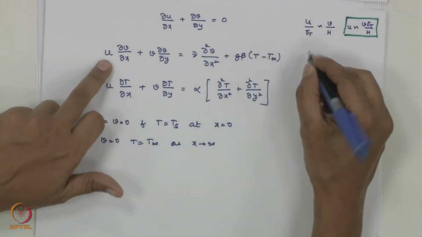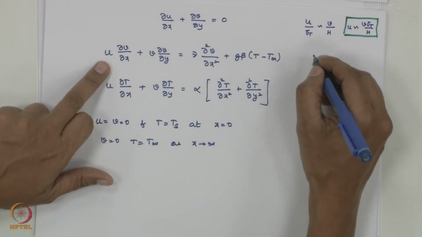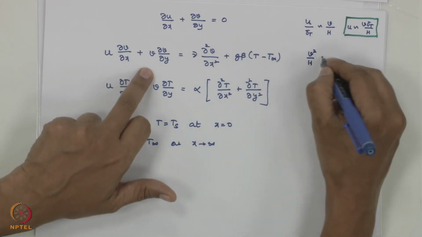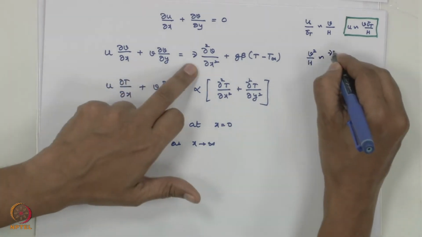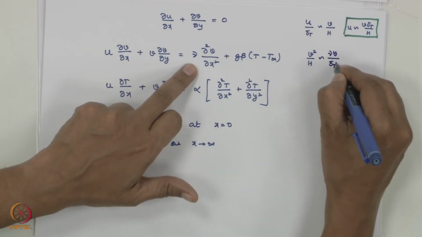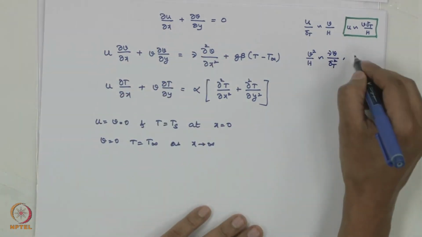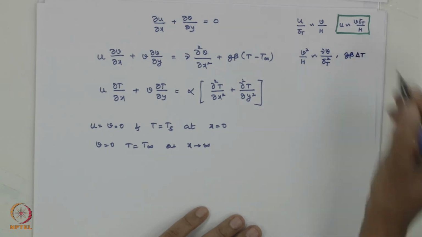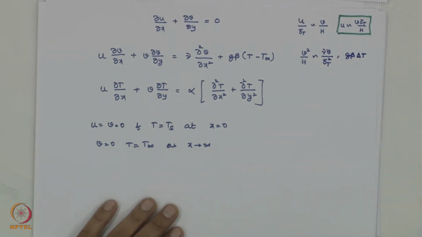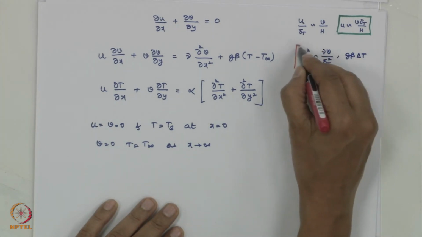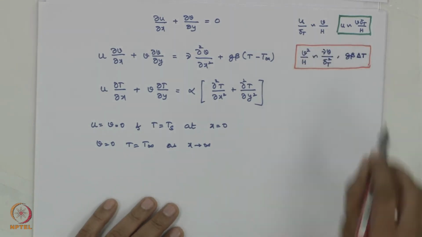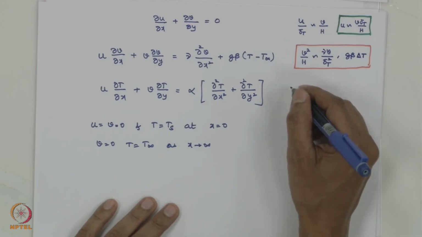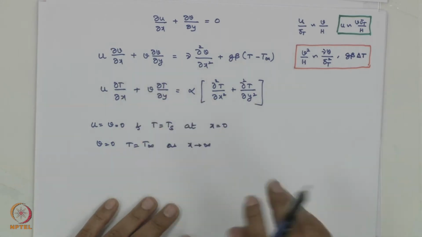And this scale we have found that v squared by h is of the order of nu v by delta t squared, comma g beta delta t. This is for the x momentum equation.